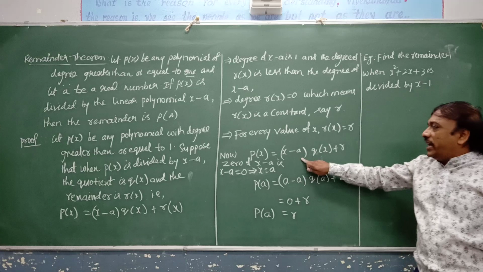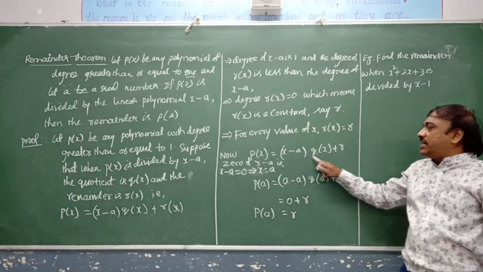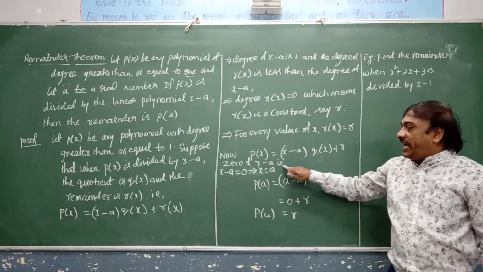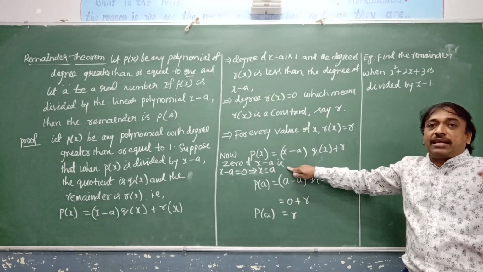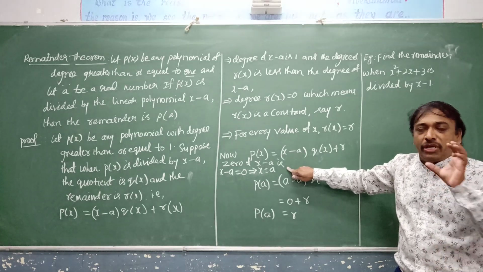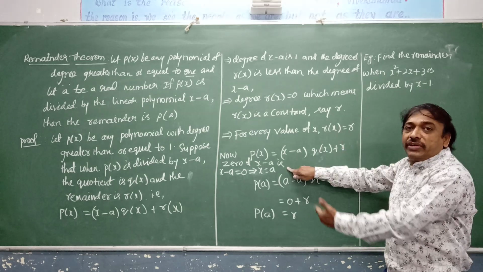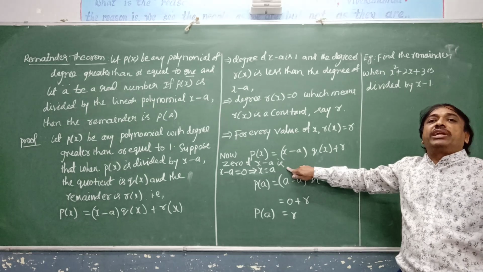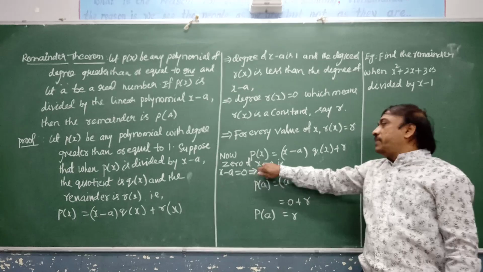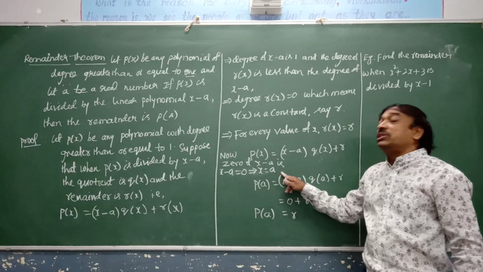Now P of x is equal to (x minus a) times q of x plus r. Dividend is equal to divisor times quotient plus remainder. In the previous example, after the long division, we substituted the zero of the divisor and got the same remainder. The zero of x minus a: x minus a equals 0, which implies x equals a.